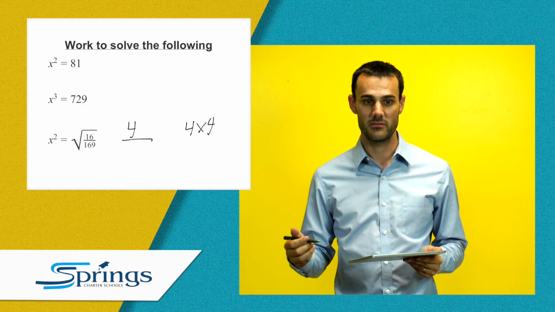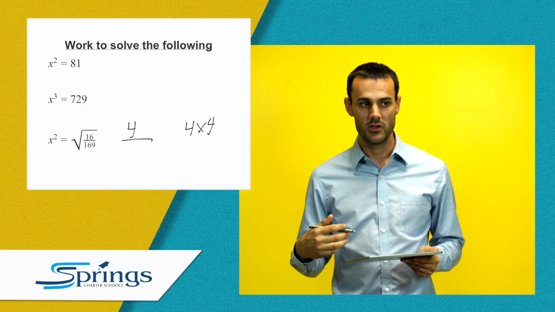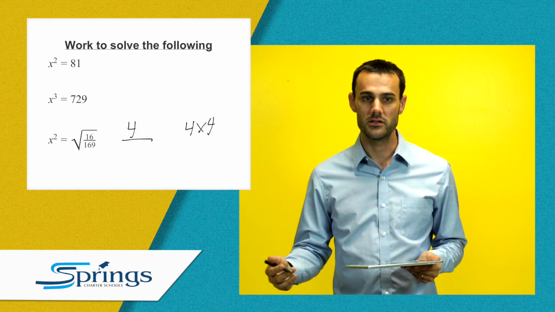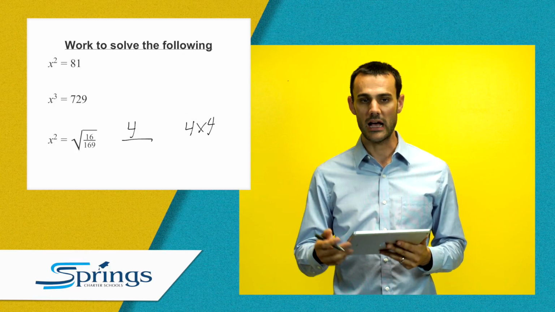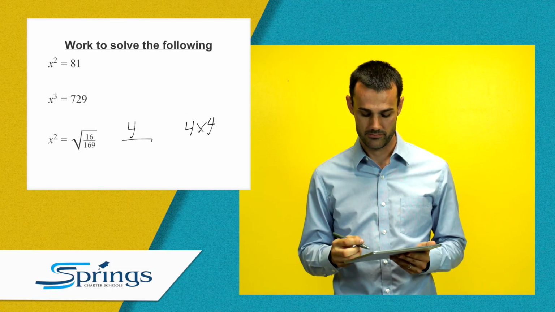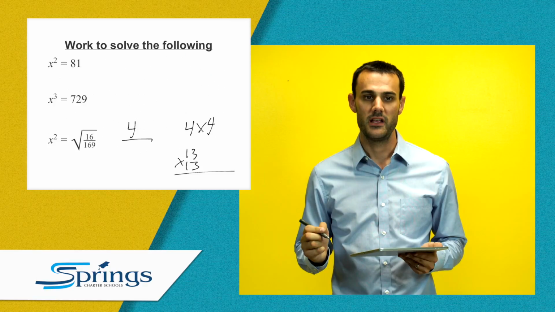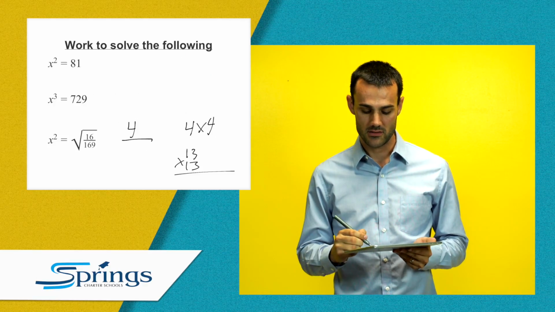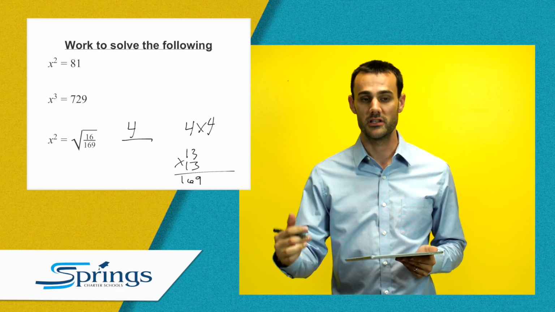Now that's a big number. I know that 10 times 10 is 100, so it's got to be quite a bit bigger than 100. 20 times 20 is 400, so it needs to fall somewhere between 10 and 20. I'm going to go ahead and try the number 13. So 13 times 13. And if you work out 13 times 13, guys, we're actually going to get 169, which is the exact number that we're looking for here.